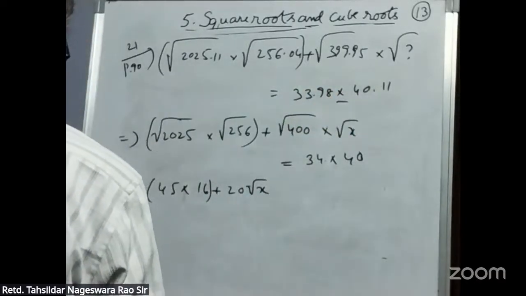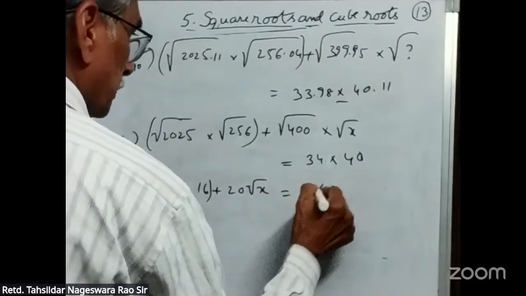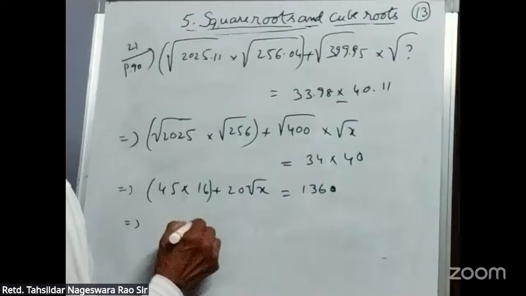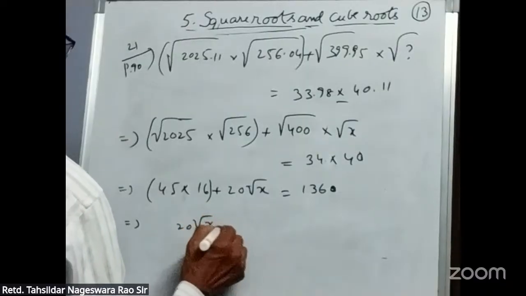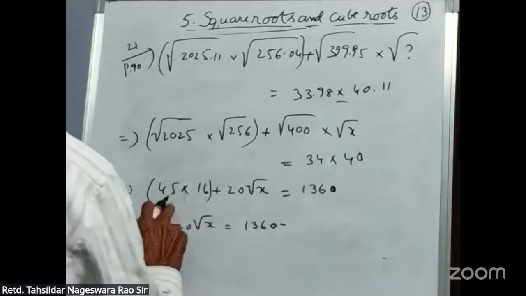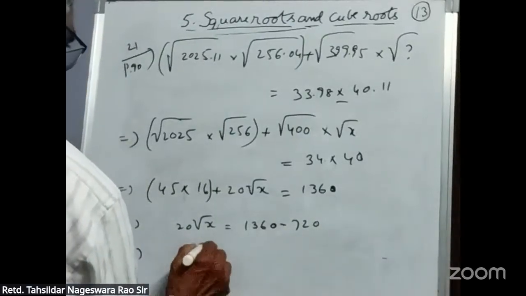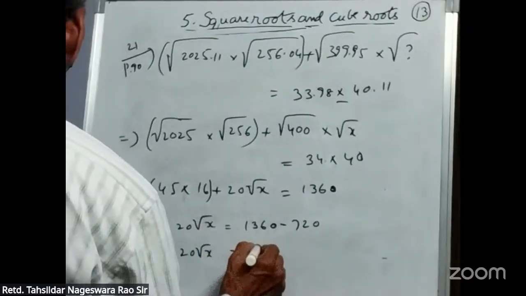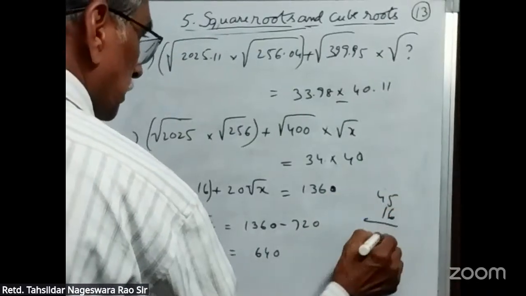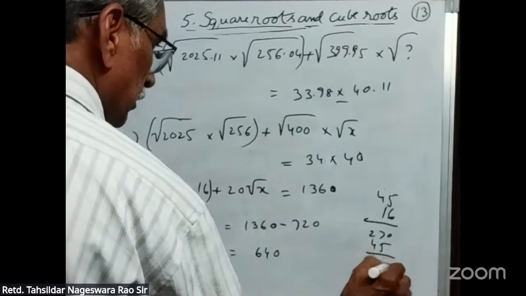This one 1360. Multiply, 1360. 20 root x equal to 3060 minus 720. 30 root x will be 640. 45 into 16, 720.